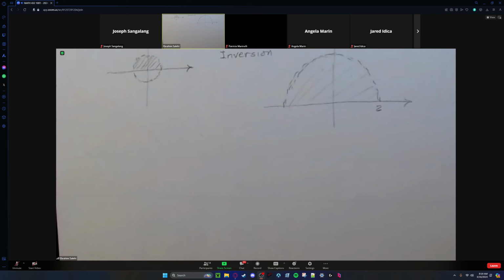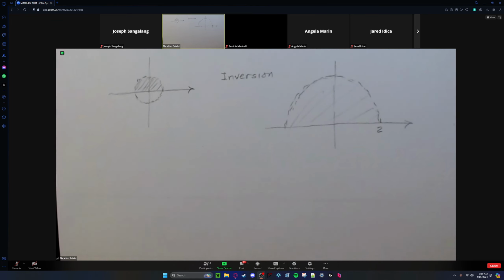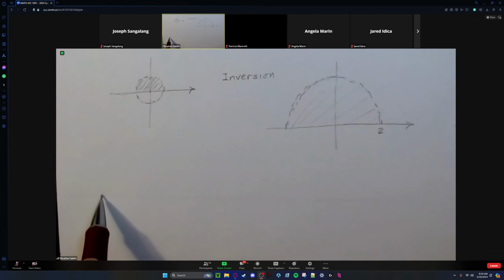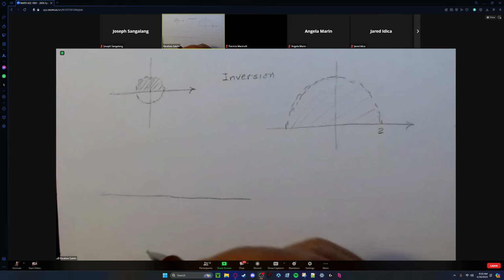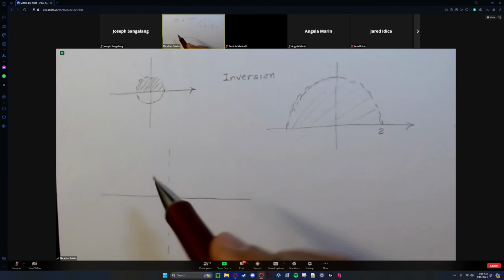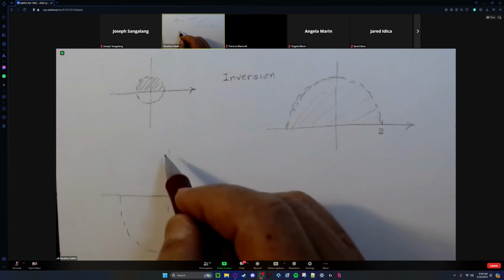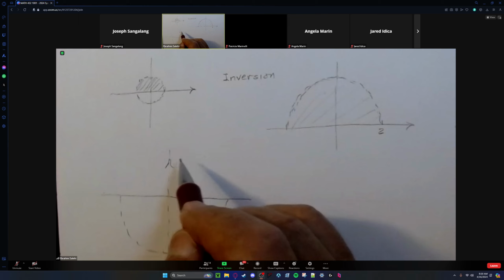Conjugation of this is reflection with respect to the x-axis. This is the uv plane.